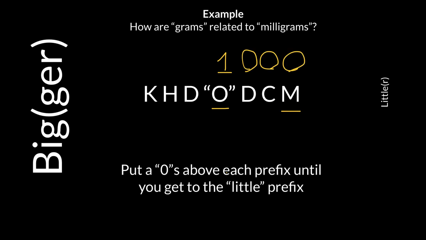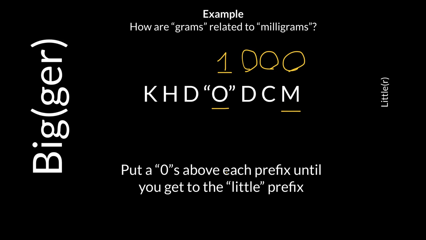Then after you've put the 1 over the top of the larger unit, you put zeros over each of the prefixes until you reach the little prefix.